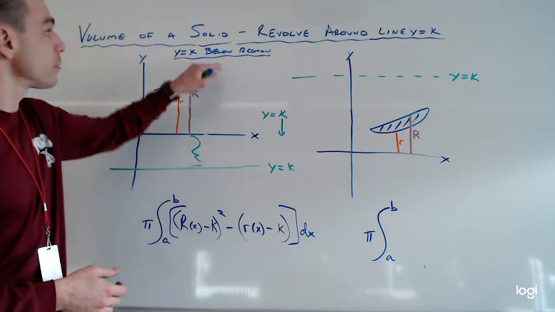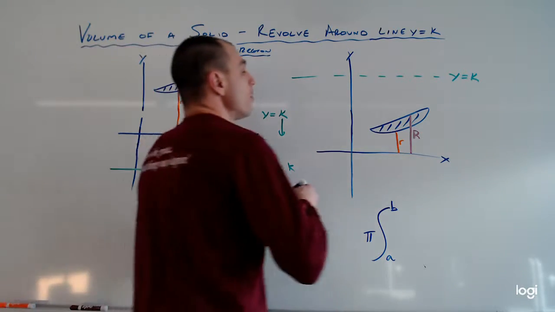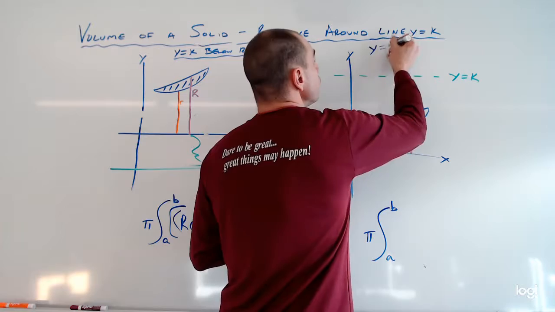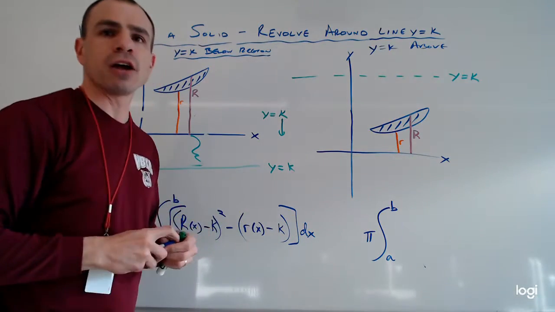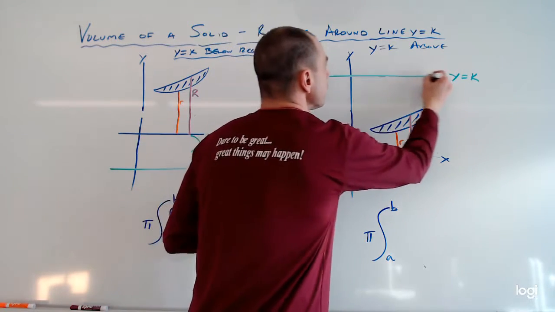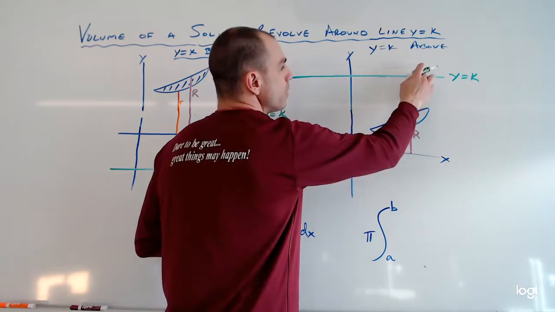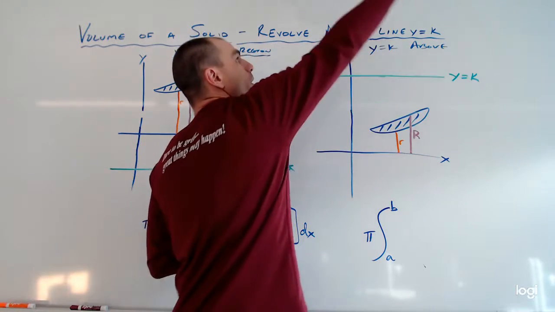Now what about case number 2? Not when y equals k is below the region we're interested in, but when y equals k is above the region, like this situation right here. How do we get our radii now? Because remember, we're going around this line, so this wedge right here is actually going to come up and around.